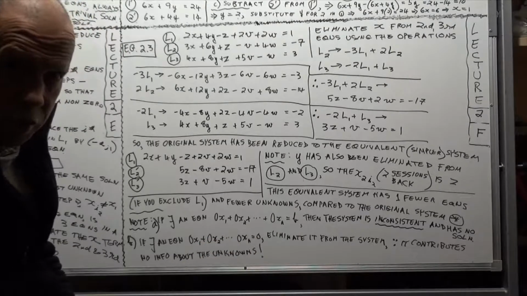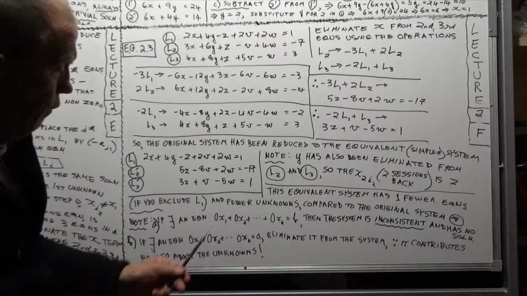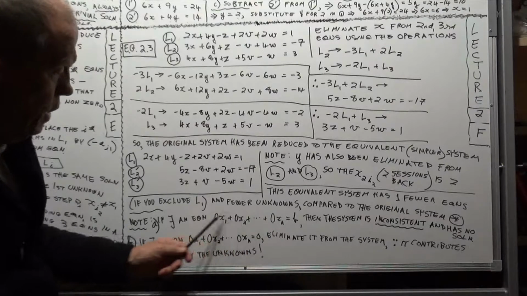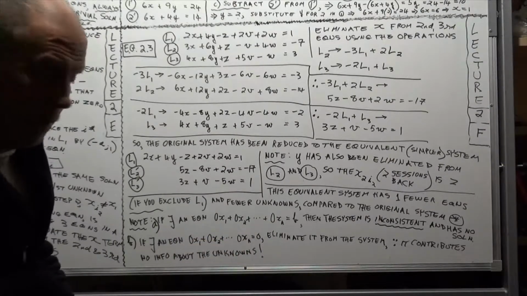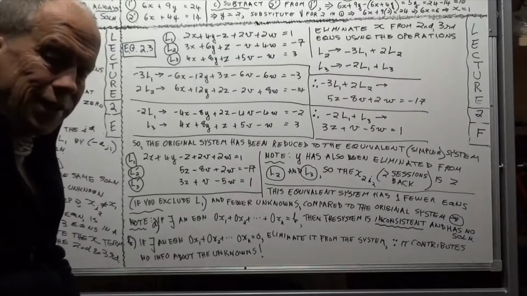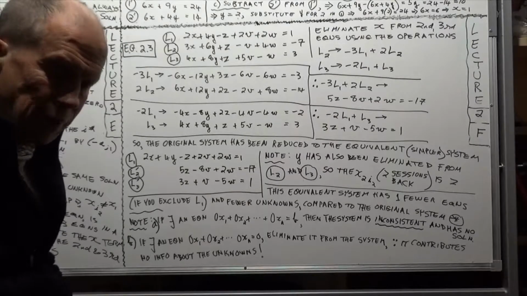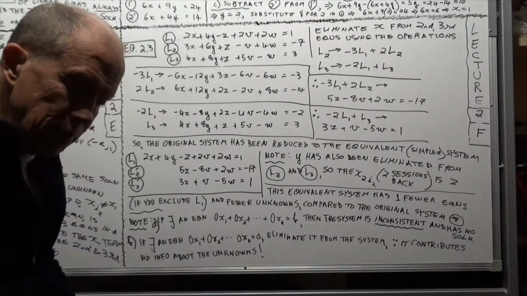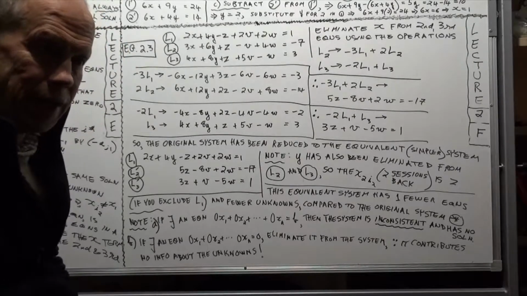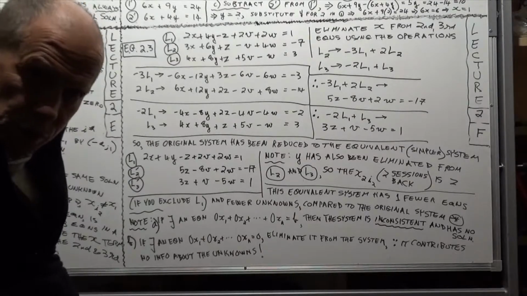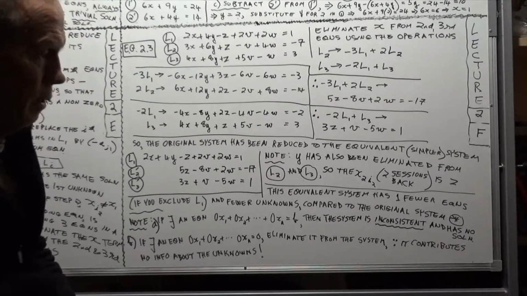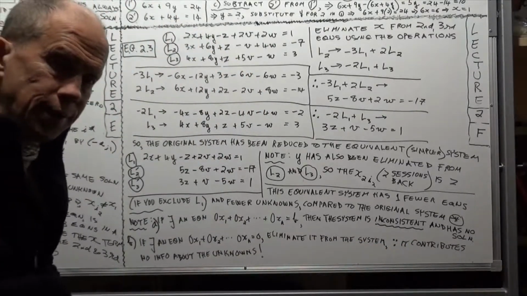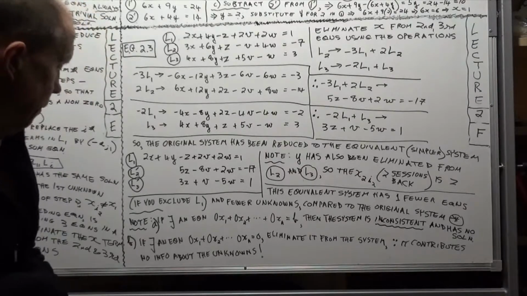Well, that's a contradiction. You can't have that. So if this situation arises, then that equation is said to be inconsistent. And if you have an inconsistent equation in your system, in other words in your set of equations, then the system is said to be inconsistent, and so there's no solution. There's no solution to the system, to the set of equations.